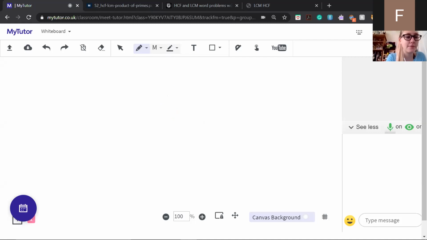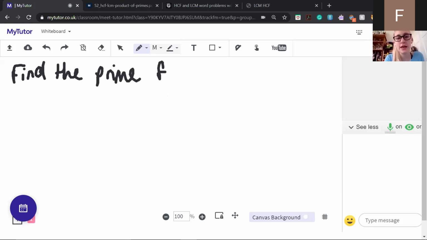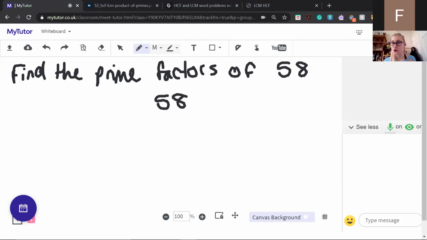So let's say find the prime factors. There's lots of ways of it being worded, prime factors or express as a product of primes or something like that. So find the prime factors of, let's choose a number, 58. What we do is we take that number, and I always do it as a prime factor tree.